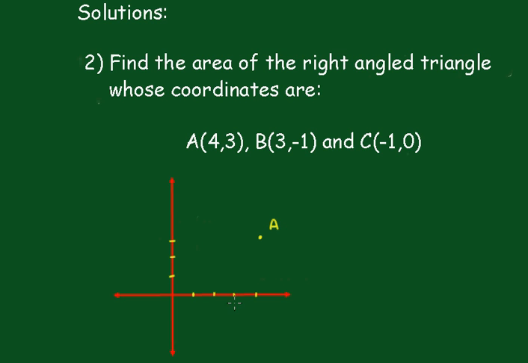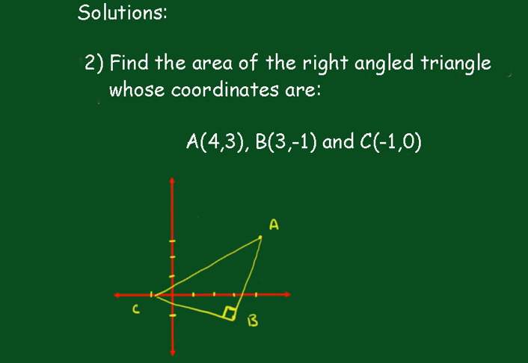And then you've got B, which is 3, negative 1 down here. And then you've got C over here. Now when you draw that up, you can actually see where the right angle would be. Otherwise, you need to calculate each distance, which is a bit painful, and just discard the hypotenuse, because you need these two sides to work out the area.